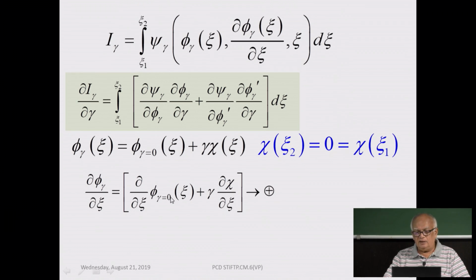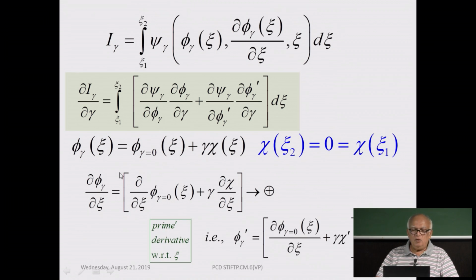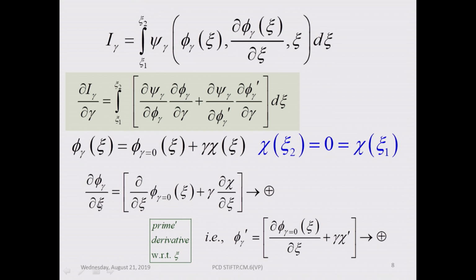So, there is a variation in phi with respect to xi because of this term, and then there is a variation because of the second term, which is gamma times how chi itself will depend on xi. So, I will represent del phi by del xi as phi prime. So, prime denotes a derivative with respect to xi.